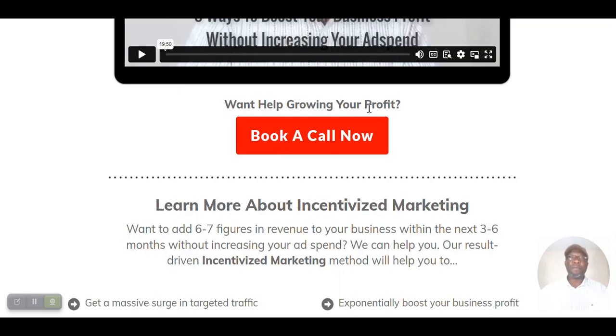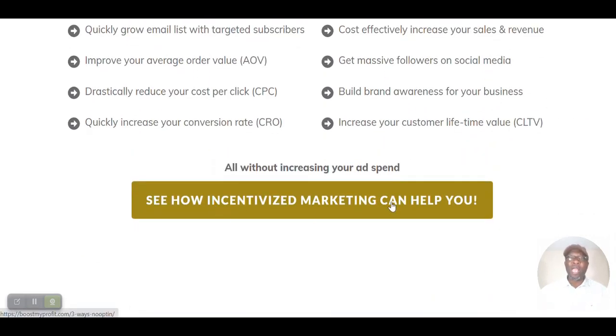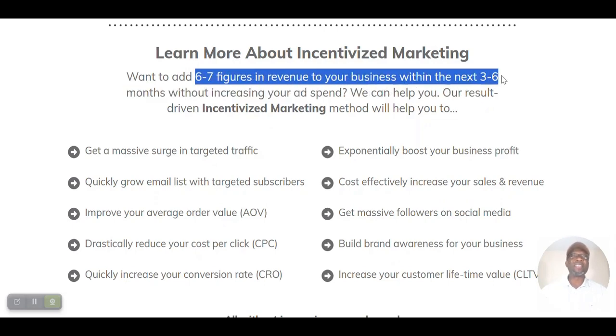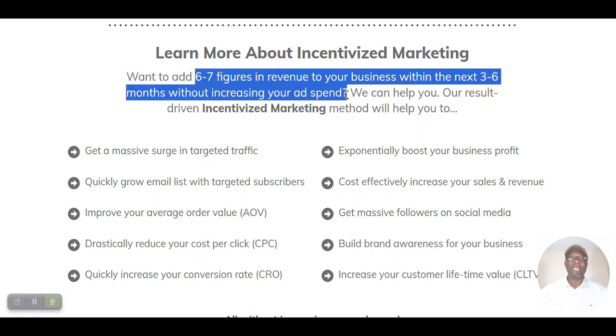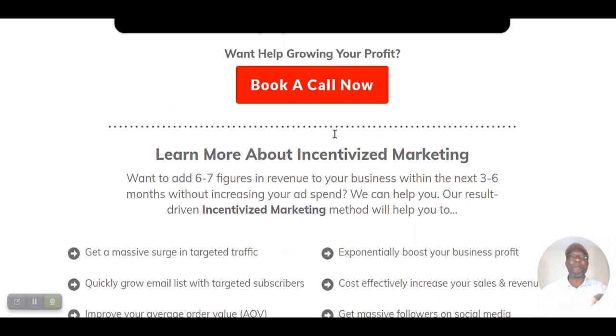But if you also want to know more about incentivized marketing, you can just request by signing up here, and we'll send you a short video on how incentivized marketing can help you generate 6 to 7 figures in revenue for your business within the next 3 to 6 months without increasing your ad spend. Okay, this is a gold mine. This is something that many people don't know about, but you are privileged to know it right here. So don't take it for granted.